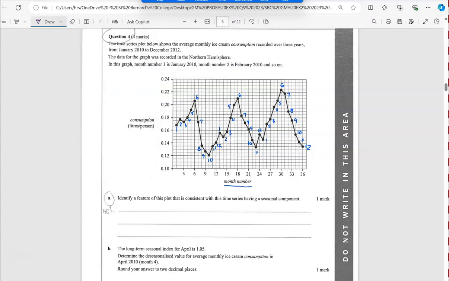Now, yes, this does have seasonality, because can we see the same thing? Every 6 months, it's peaking. So it's actually every year, halfway through the year, we're peaking. When it asks what the feature is, you just had to say that: because it's seasonality, the maximum value occurs every year, or every 12 months apart.